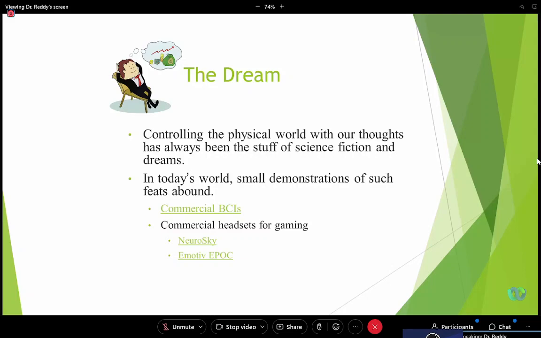Like autonomous vehicular systems, driverless cars, and a lot of other high-end applications, android humanoid systems, robotic systems. Then they started understanding that we can do a lot using brain structures, neural networks, and other computing paradigms.